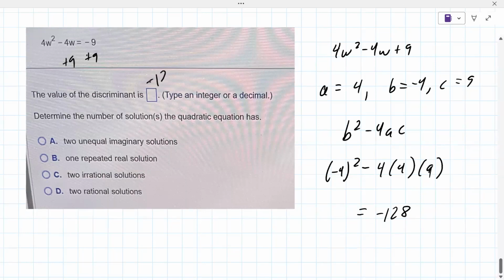And a negative discriminant, if I remember, means 2 unequal imaginary solutions. I just have a little cheat sheet. That's good to have. All right, so I got -128 for the discriminant and 2 unequal imaginary solutions.